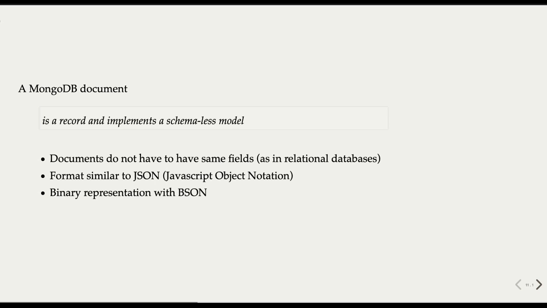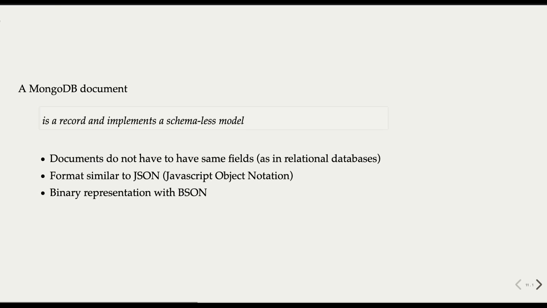A MongoDB document is a record and it implements the schemaless model. So we know a database is a set of collections, and a collection is a set of documents. A document is essentially a record about an entity. We say it is schemaless because documents do not have to have the same fields. When you insert documents into the collection, each document can come with different fields.